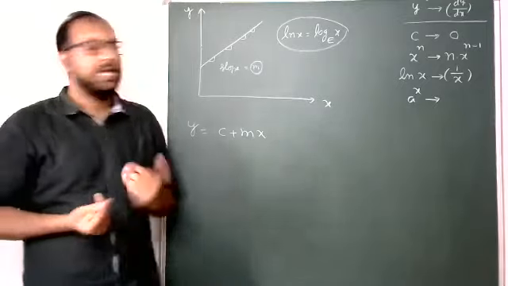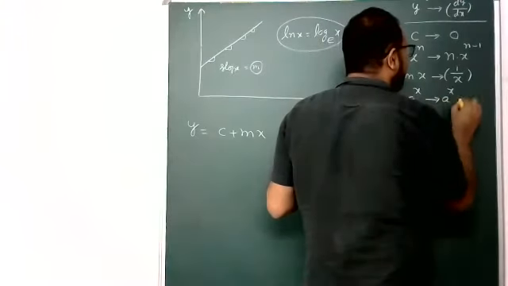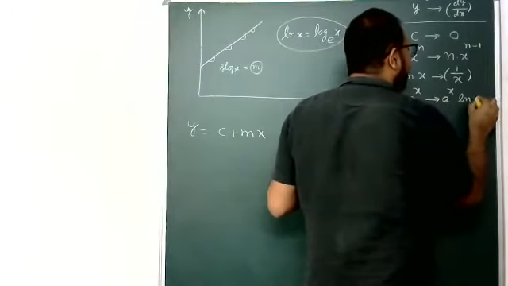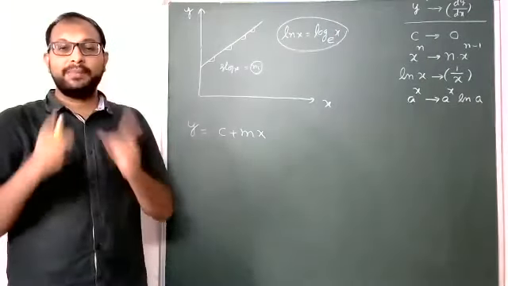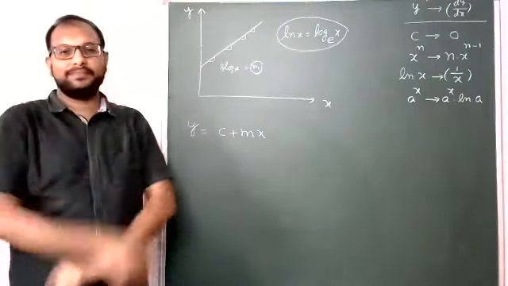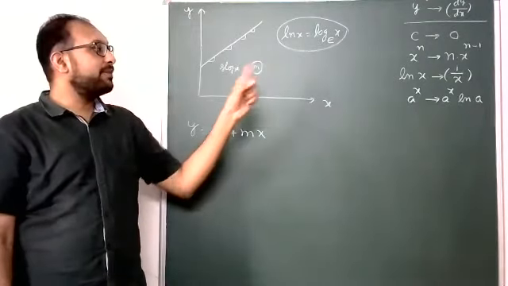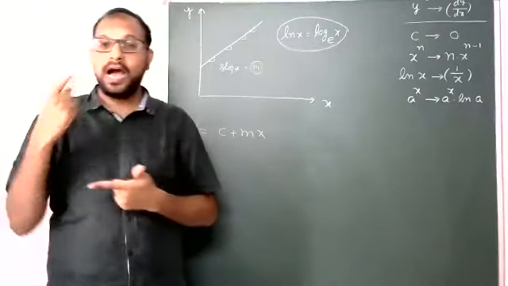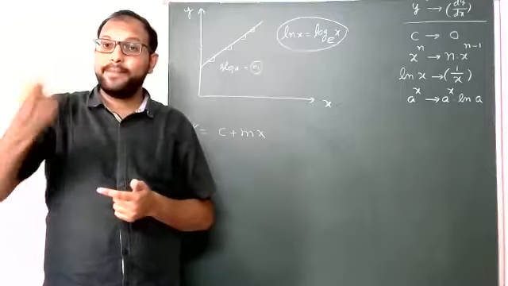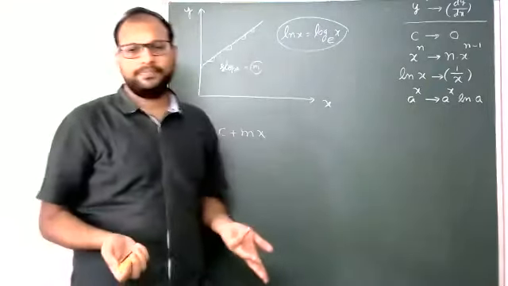Remember, that derivative is a to the power of x ln a. All students know ln a is nothing but log a base e. That is ln a. That is a to the power of x derivative: a to the power of x ln a, log a base e. Yes, here a is some number.